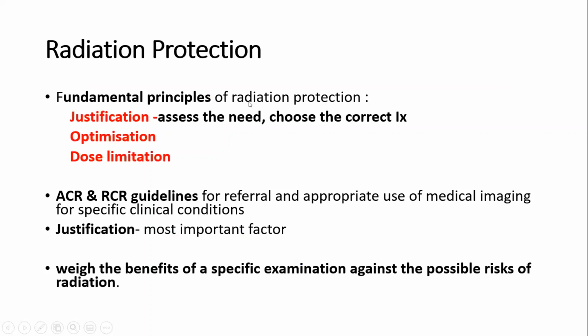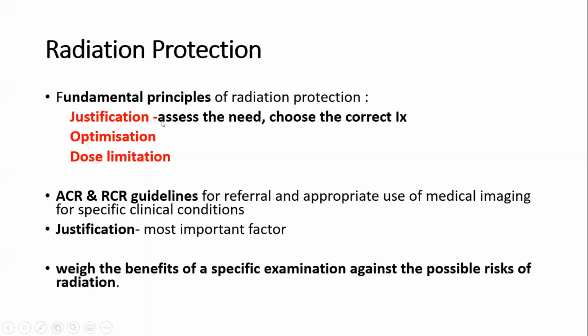So fundamental principles in radiation protection are, because I think all of us need to know about radiation protection in a child. Optimization and dose limitations are the job of the radiologist and the radiographer, but justification starts with the clinician.